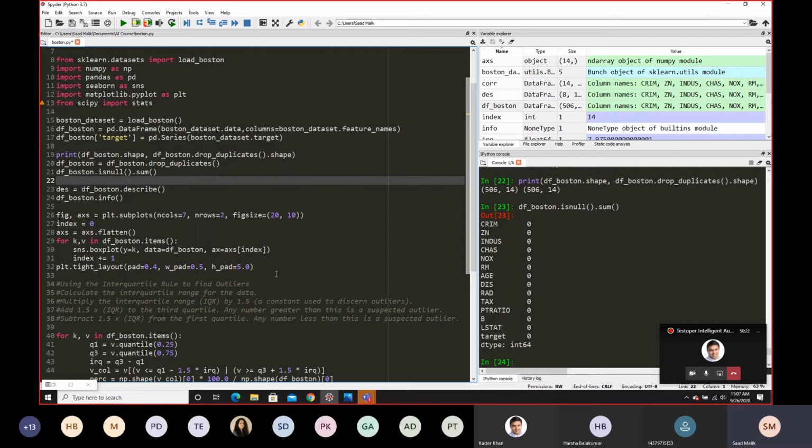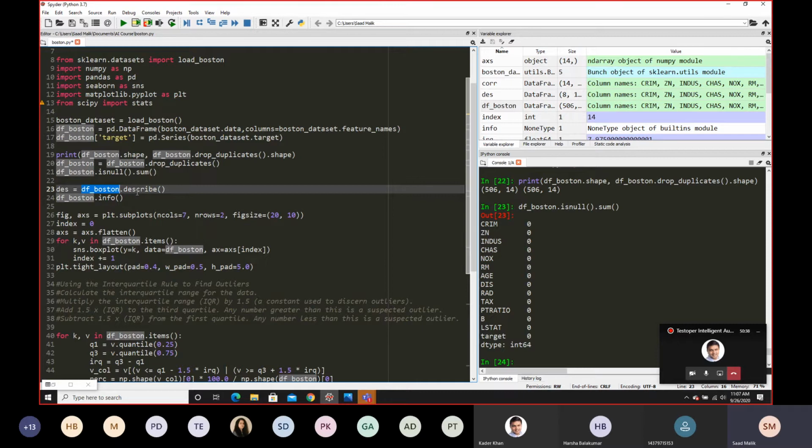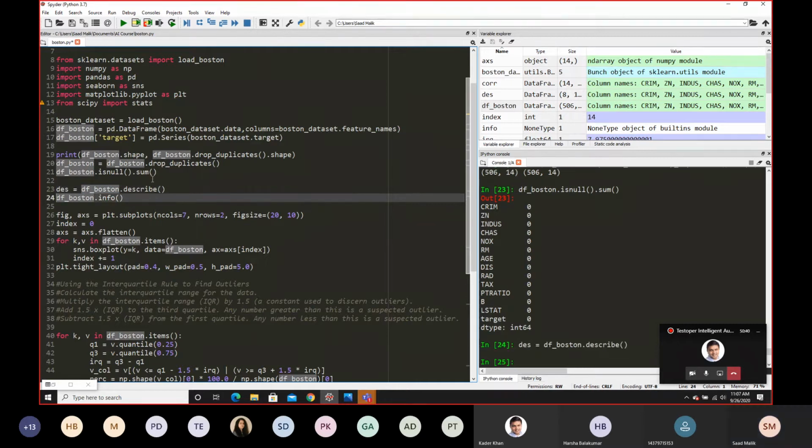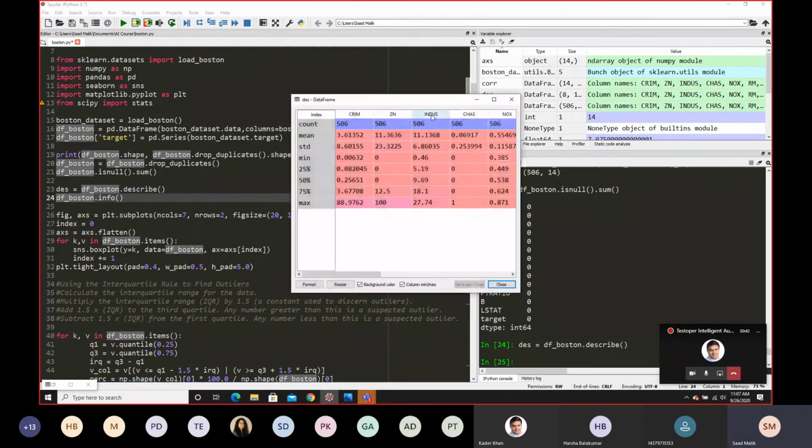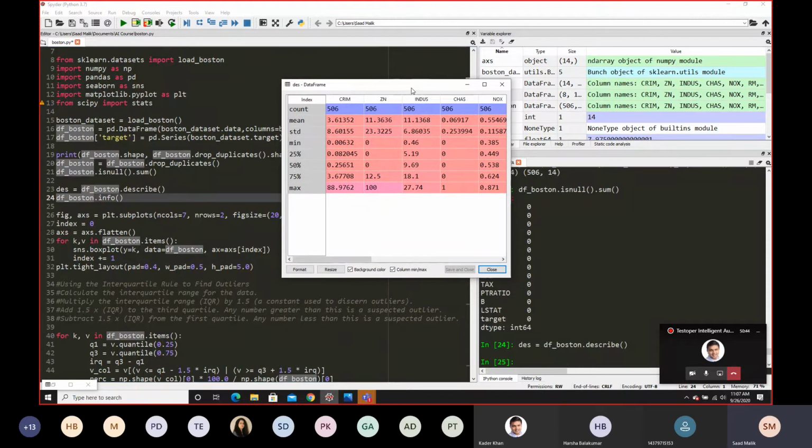Another thing I can do is use a pre-built function called describe. What describe does is give me the essential statistics regarding each variable. To use that, you just write the name of the data frame and then .describe. Here is what it looks like.